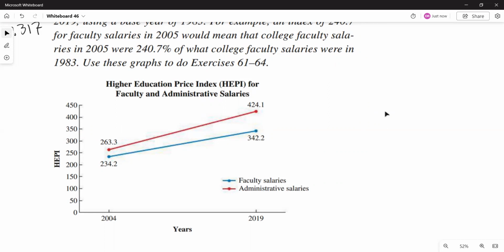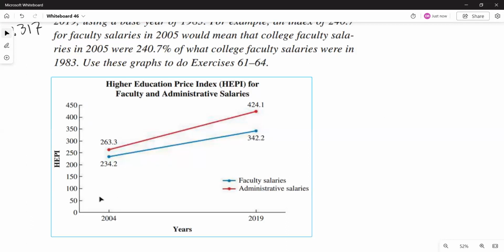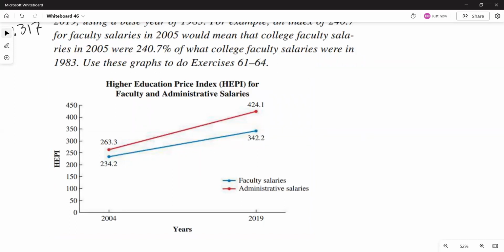And in 2019, faculty salaries were 342.2% of what they were in 1983. And we can say the same about administrative salaries. Okay, so we're doing number 62. Actually, we're doing 61. Yeah, we're going to do number 61.